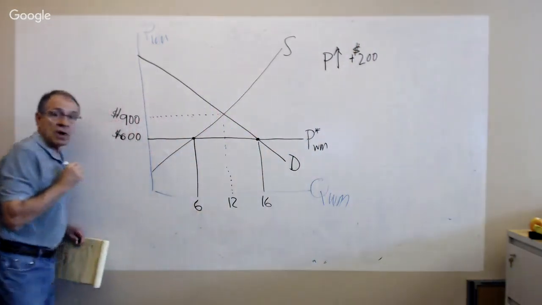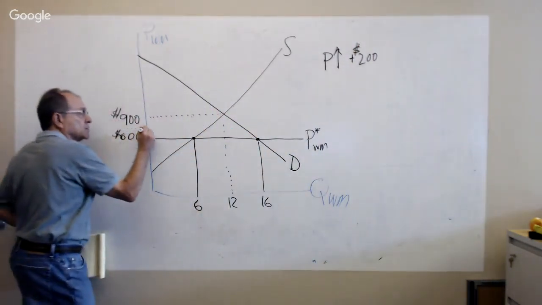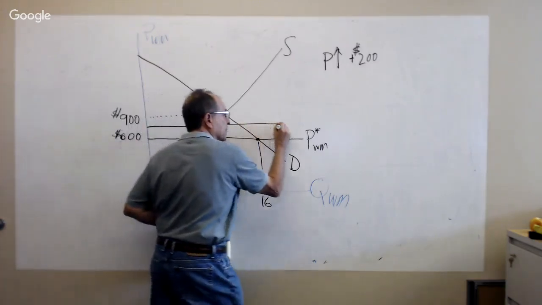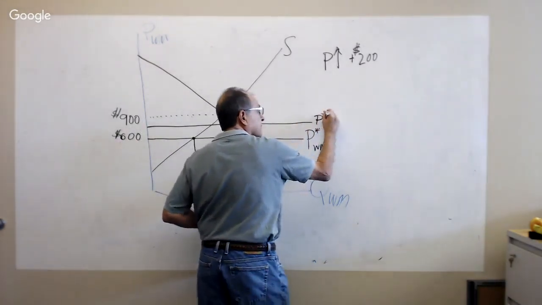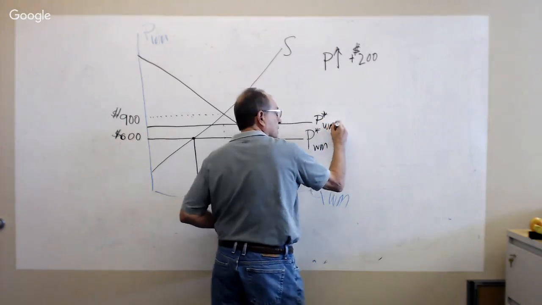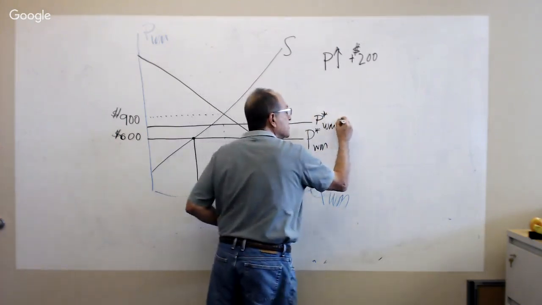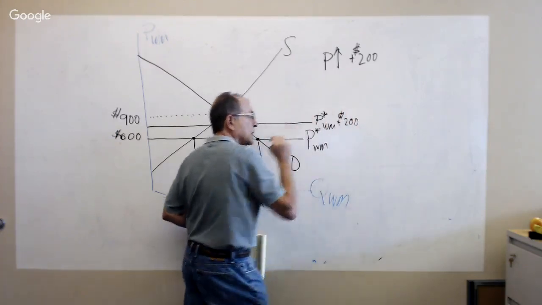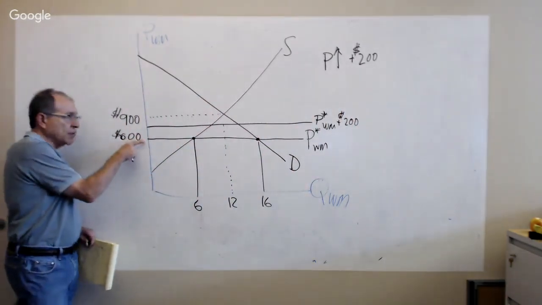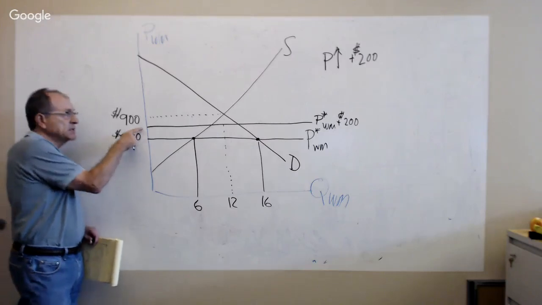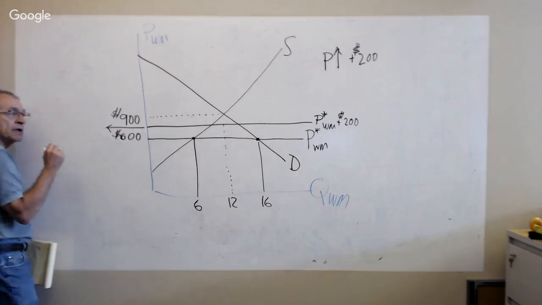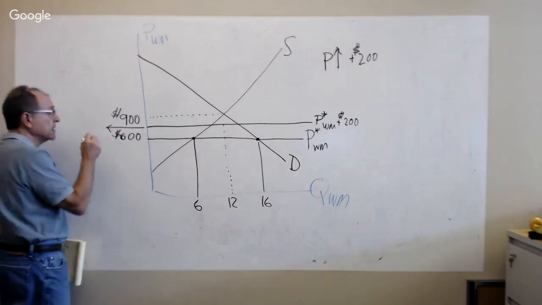So to draw that in, I'll draw a horizontal line like this, and it'll be different from the other horizontal line simply by the amount of the $200 tariff. Okay, so here we have the world price of the washing machines, and here this then will be the world price plus the $200 tariff.